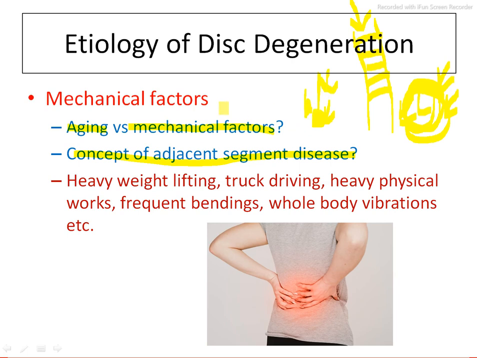So, the mechanical factor is one of the most important factors that initiates disc degeneration. Different activities like heavy weight lifting, truck driving, and heavy physical work. Truck driving, in a sense, because of the vibrations.